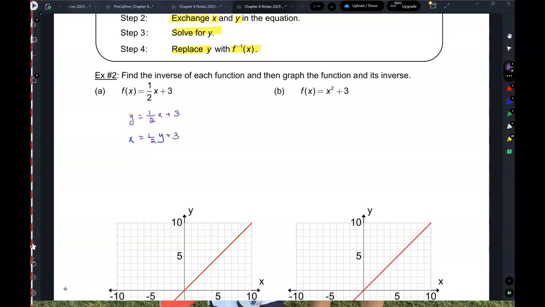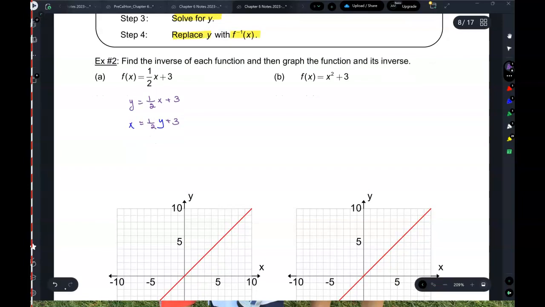Again, little to no math is done in this step. Just swap x and y. Now I need to solve for y. I need to get y alone. So I subtract 3, and I get x minus 3 equals one half y. And then multiply both sides by 2.